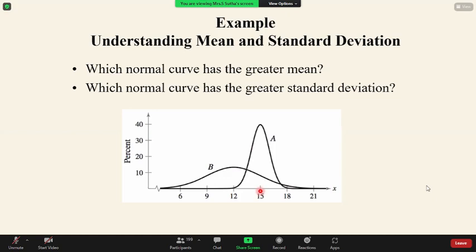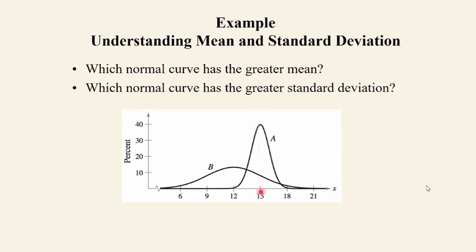Similarly, this is the center line that divides the A curve into two equal parts. So this is the mean value for A. So 15 is the larger mean value, and the normal curve A has the greater mean. Right. Which normal curve has the greater standard deviation?